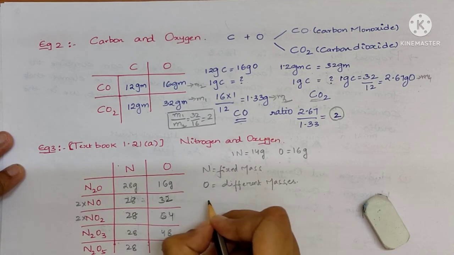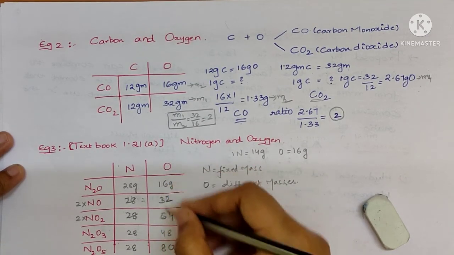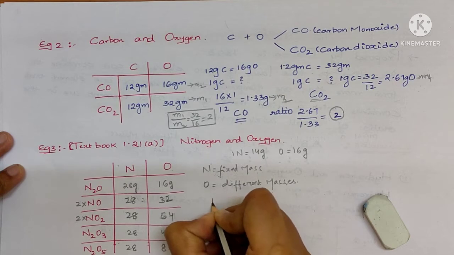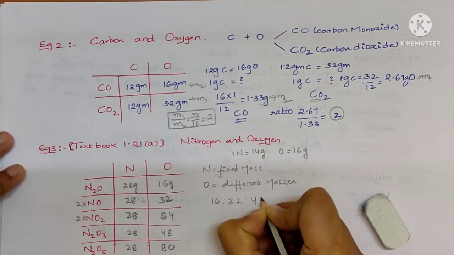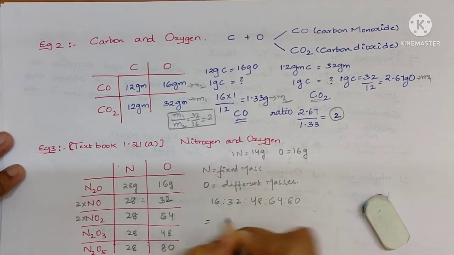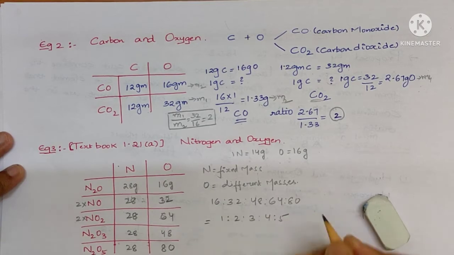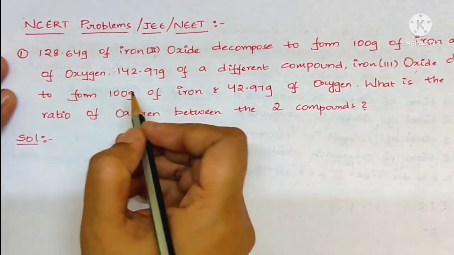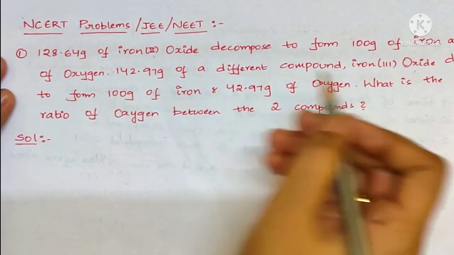Okay, so let us find the ratio of these different masses. 16 is to 32 is to 48 is to 64 is to 80. When we simplify it, we'll get 1 is to 2 is to 3 is to 4 is to 5. Let us solve some problems so that we can understand this law of multiple proportions easily.